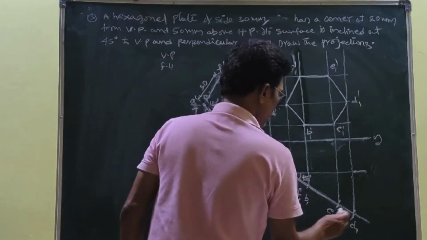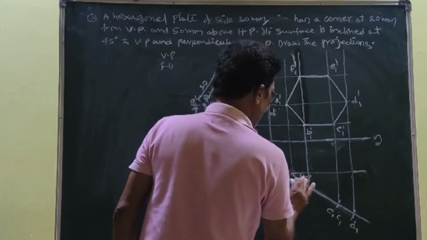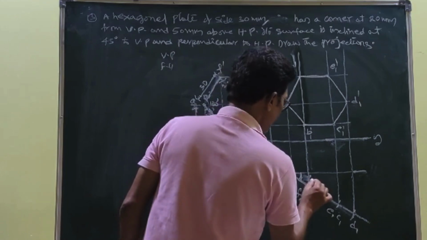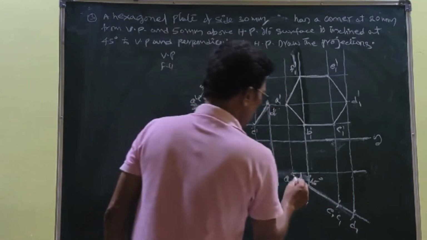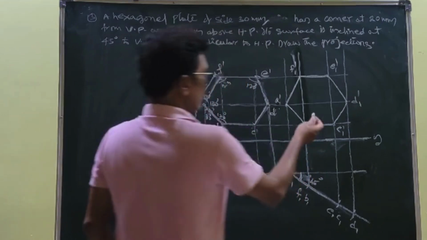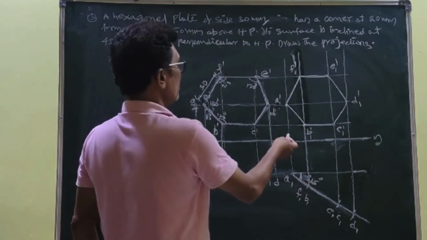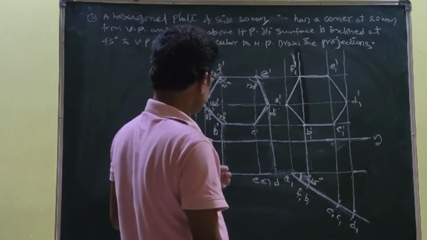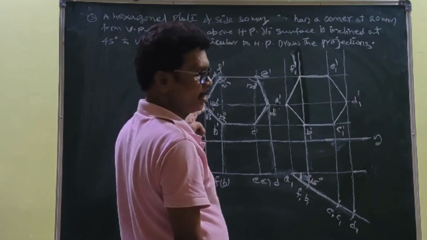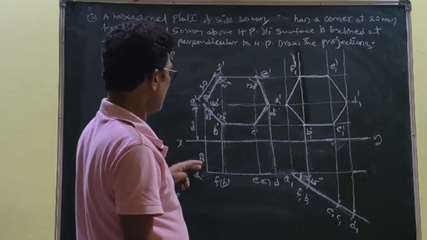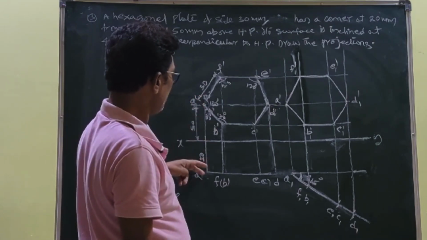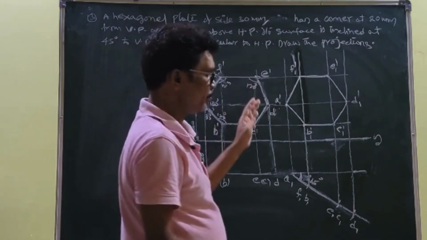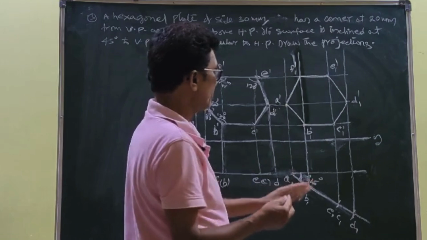Okay, so this is the top view, this is the 45 degrees, making angle with VP. So now we got the front view and top view when the corner is 50 mm above the HP, 20 mm in front of the VP, and that surface is making an angle with VP and perpendicular to HP.